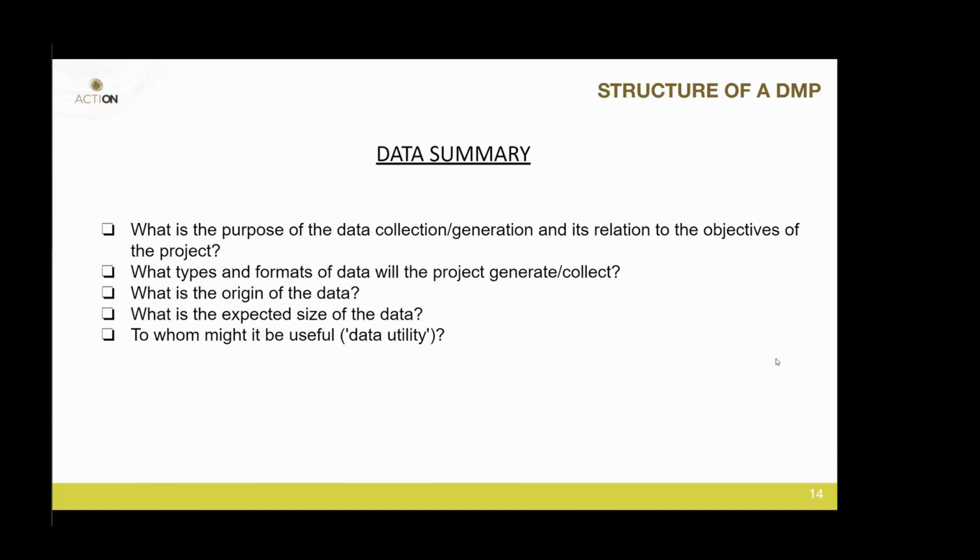Also, you have to specify the expected size of the data, okay? That's just an estimation. For example, if you don't know how many contributors your project is going to have, you can say, okay, I don't know the number of contributors, but I can tell you that each contribution has a size of, say, 1 megabyte, 2 megabytes, whatever, okay?